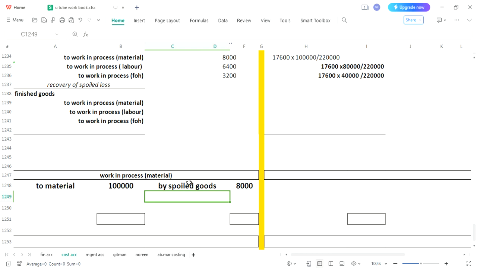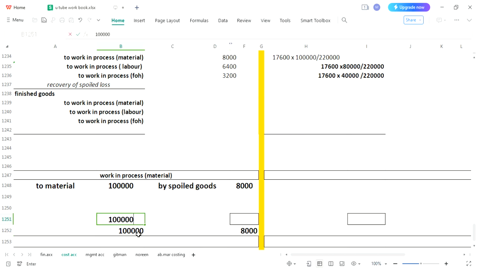We have posted them. First step is to calculate the total of both sides. Total of debit side is 1 lakh and total of credit side is 8,000. Then you will take the larger sum, which is 1 lakh, and write it on total of both sides. Smaller side would be chosen for calculation of balance.